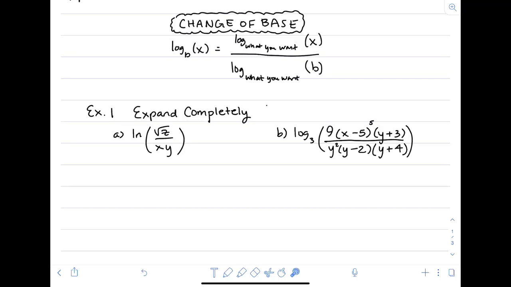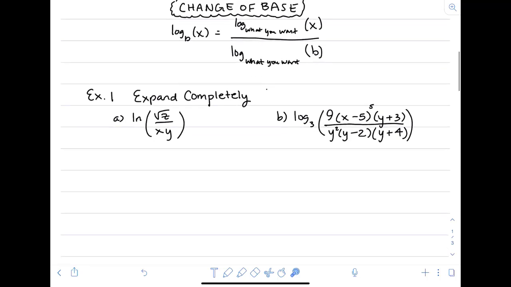Frequently you'll be converting to base e, and how that goes is you start off with the base you had and you think about the base you want. The formula is: log, in whatever base you want to change to, of the original argument, divided by the log in that same base of the old base.